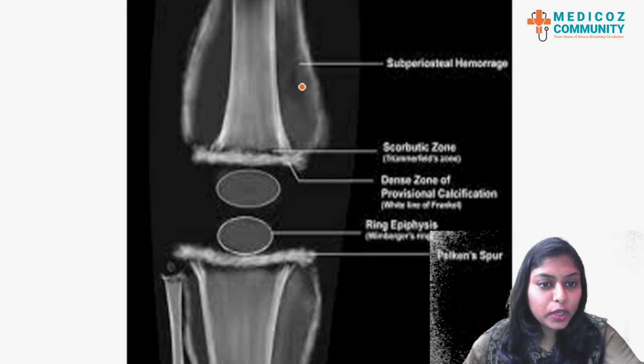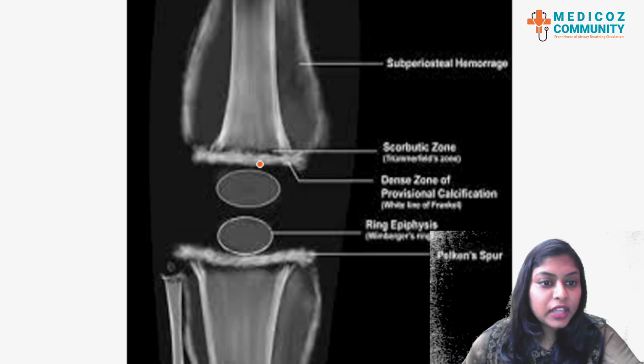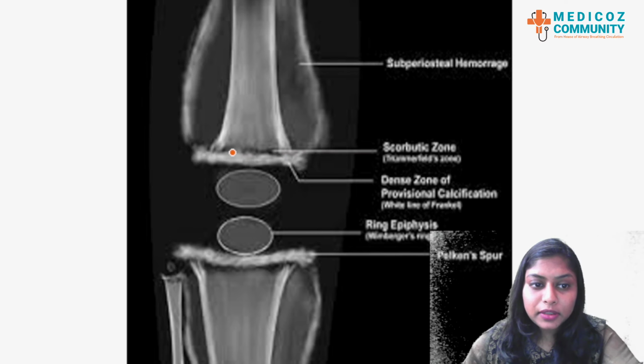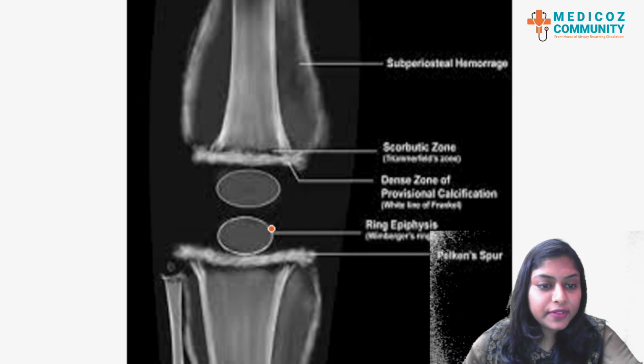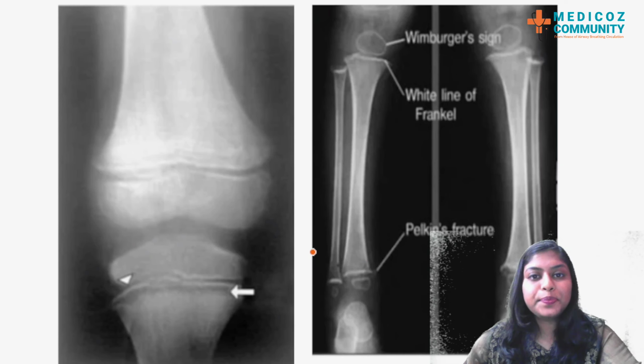So this is the subperiosteal hemorrhage that you are able to appreciate here, and this is the scorbutic zone. This is the dense line of provisional calcification, that is the white line of Frankel. The lucent line just below the provisional zone of calcification is the Trummerfeld zone. This is the ring epiphysis I was talking about, and this is the Pelkan spur at the metaphyseal tip.